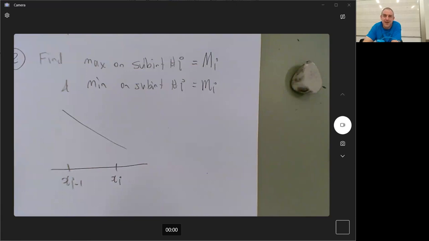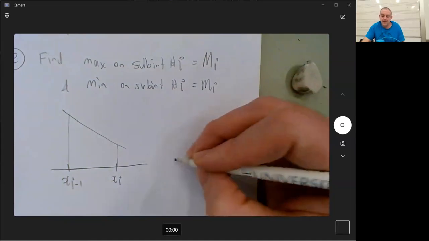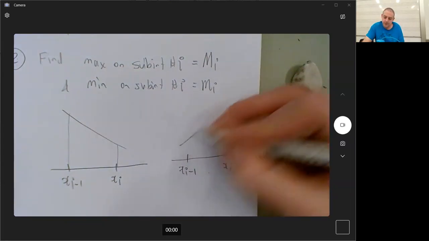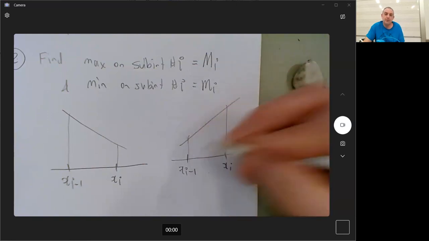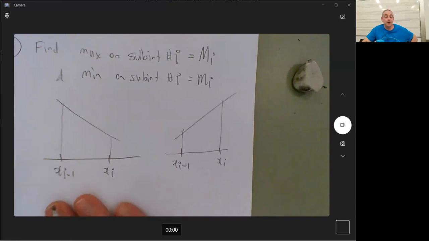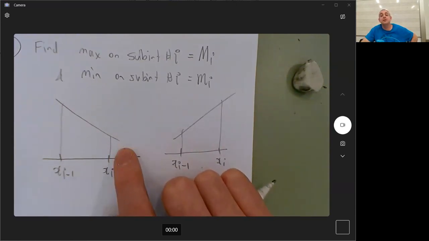So it's either this or this, probably, one of those. On this one, the minimum is at the right-hand side and is the function value at xi.